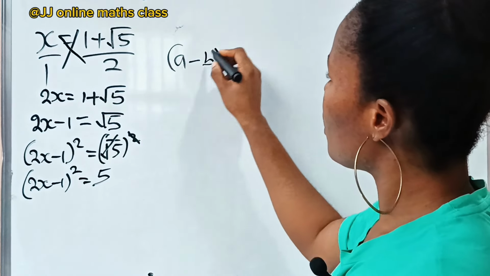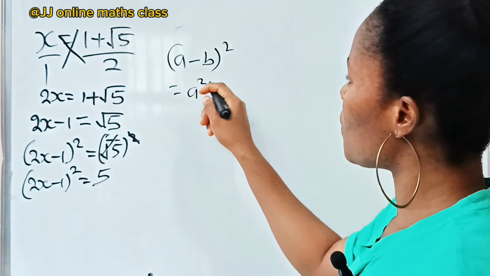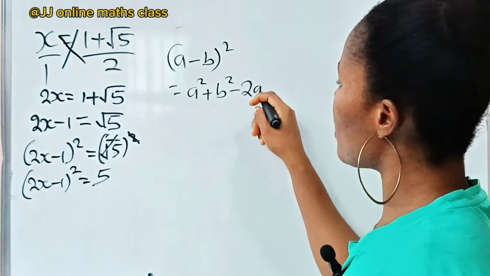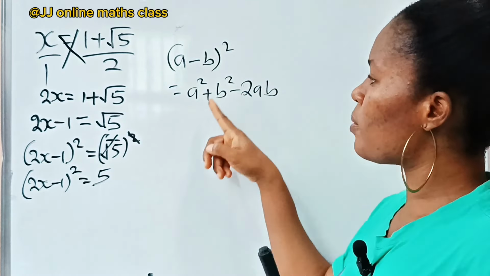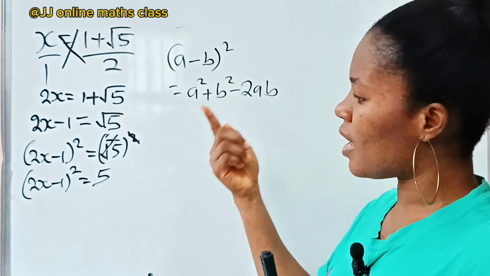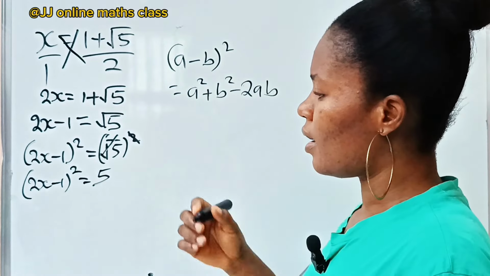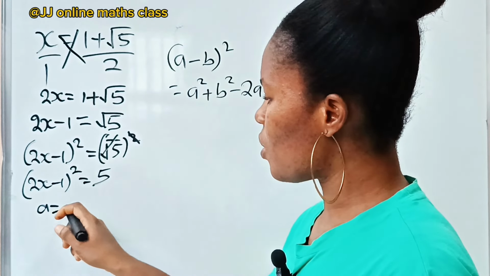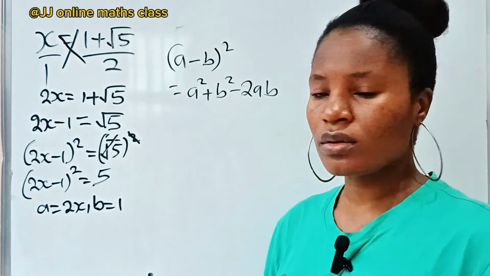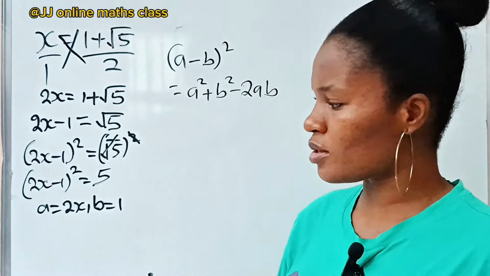Now, remember this algebraic identity that states that a minus b all squared is equal to a squared plus b squared minus 2ab. In this case, our a is 2x and our b is 1. So we are just going to substitute this into the identity to get our solution.